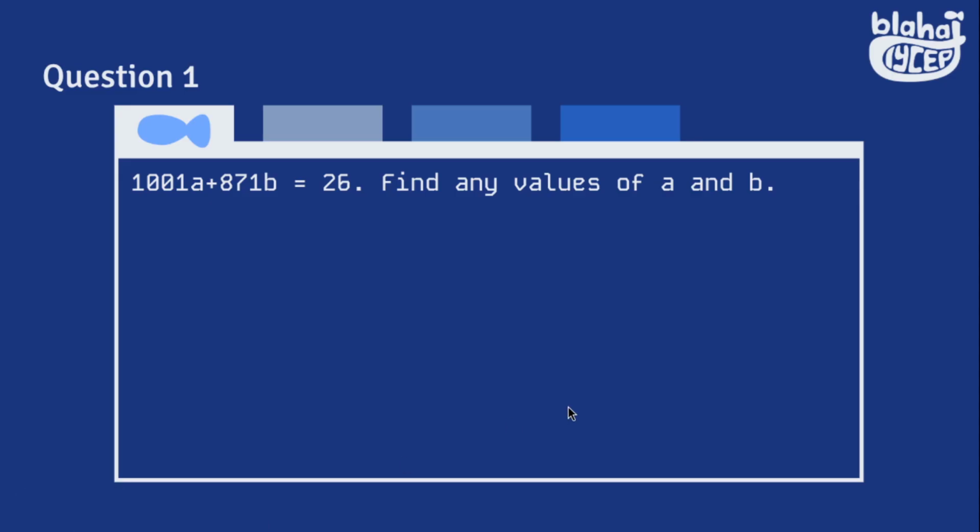Okay, so let's go back to our hint, which is XGCD.